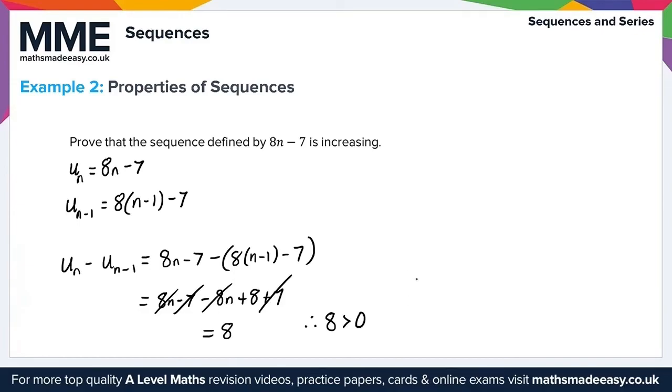Because what we can show here clearly is that un is greater than un minus 1 here. So therefore, it's an increasing sequence. And that gives us our solution for example 2 there.